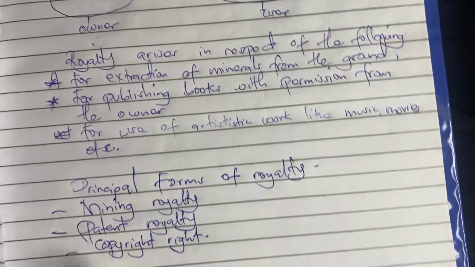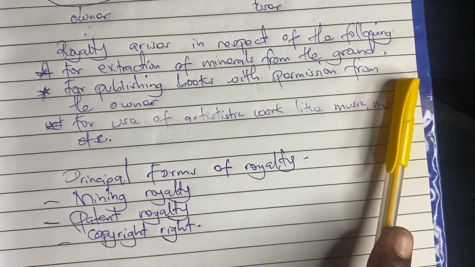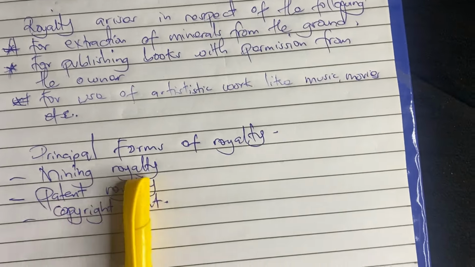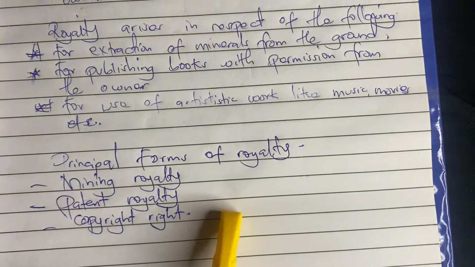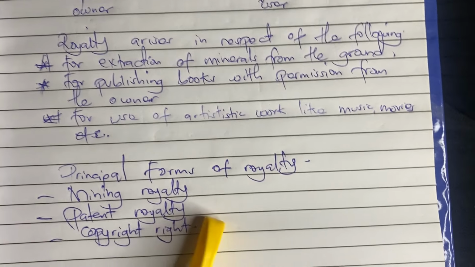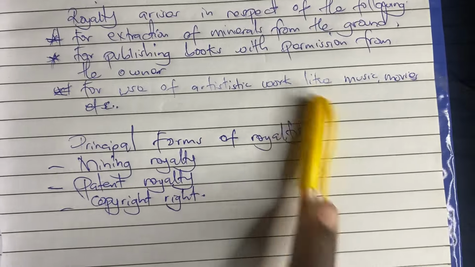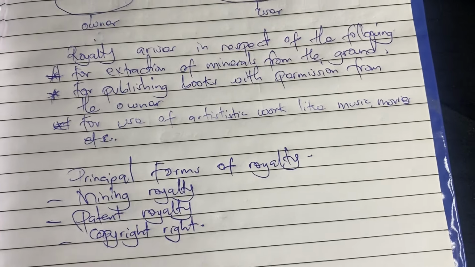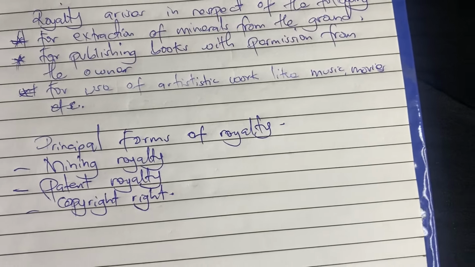Those are the three. So extraction of minerals from the ground brings about mining royalty. Then for publishing of books, it brings about the patent royalty. Then copyright is for artistic work.